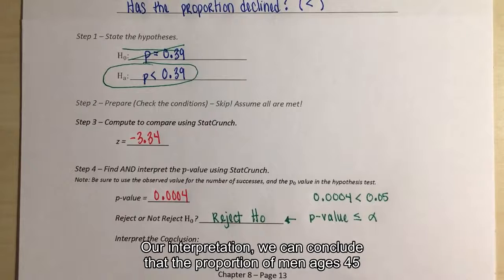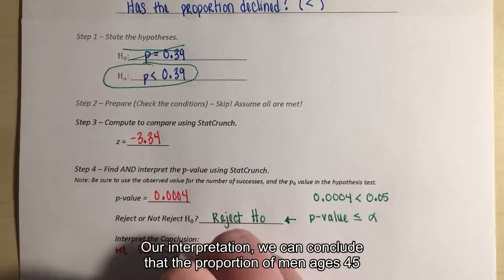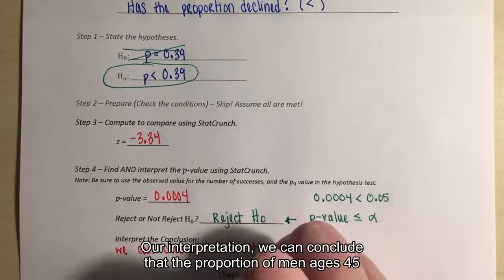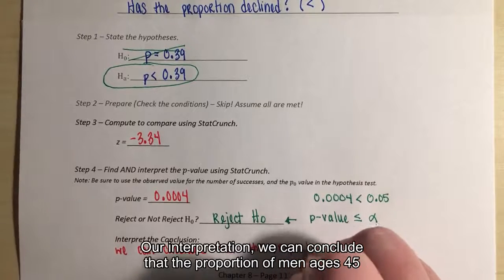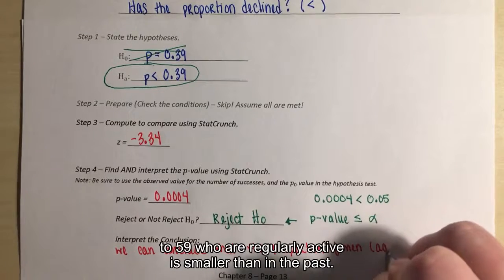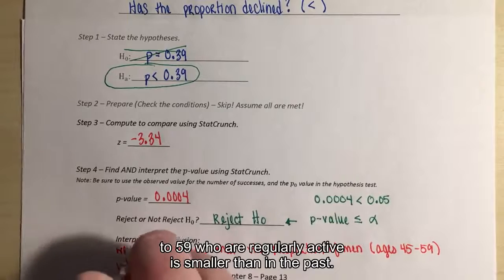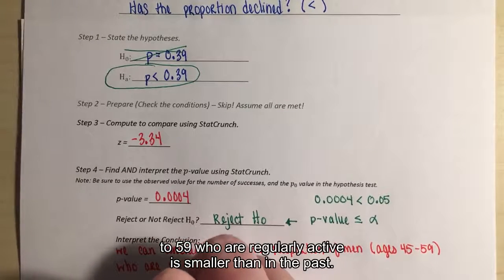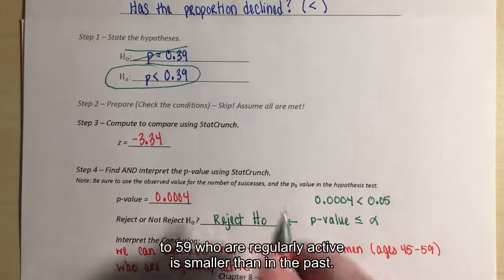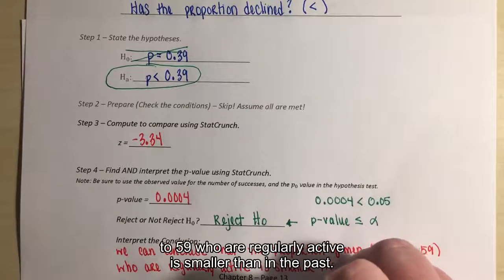So our interpretation: we can conclude that the proportion of men ages 45 to 59 who are regularly active is smaller than in the past.